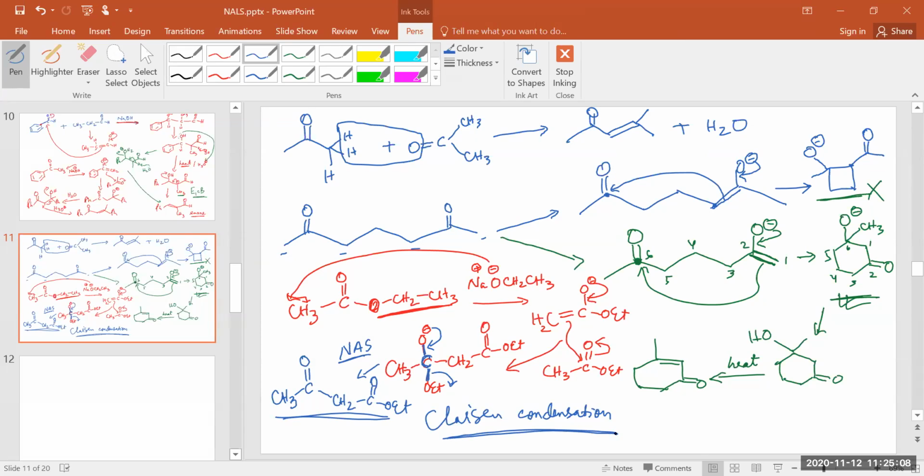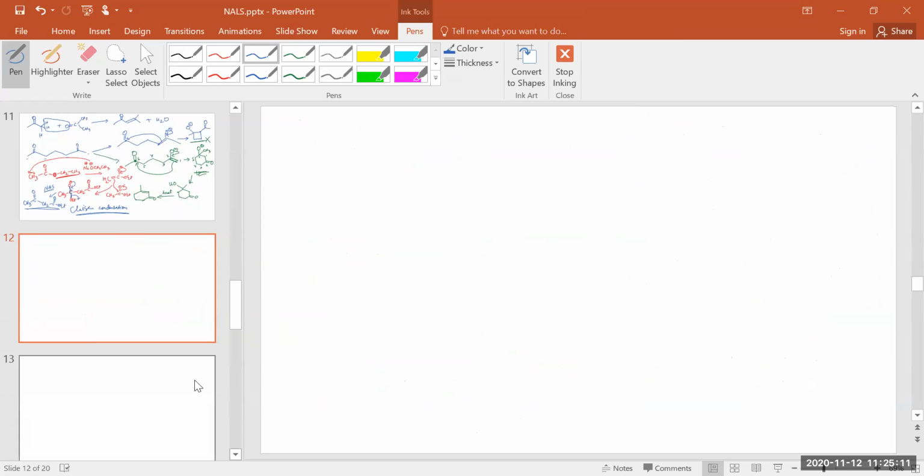Okay, so this Claisen condensation, again, we can show it as intramolecular. This was the intermolecular. We can show as intramolecular. So let's say if you have this ester, okay, diester. Yeah. So here you don't have like previous, you have only one option to make the enolate type.